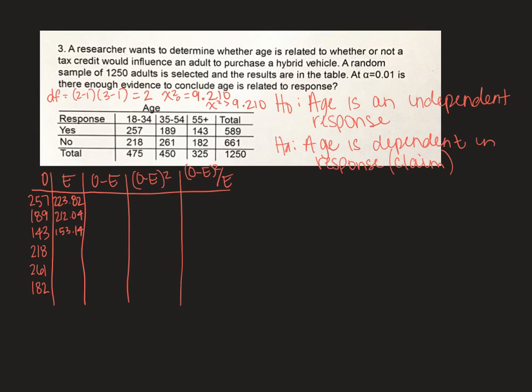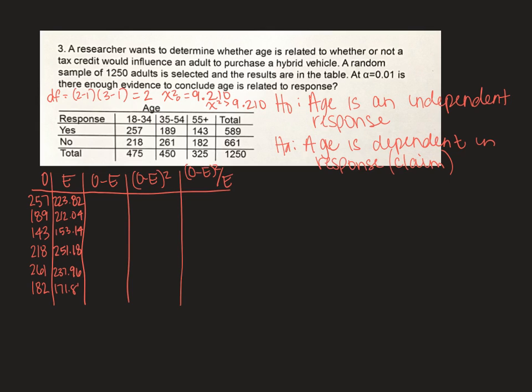And now I'm going to start with my second row. So 661 times 475 divided by 1250 is 251.18. 661 times 450 divided by 1250 is 237.96. And then the last one, 661 times 325 divided by 1250 is 171.86.